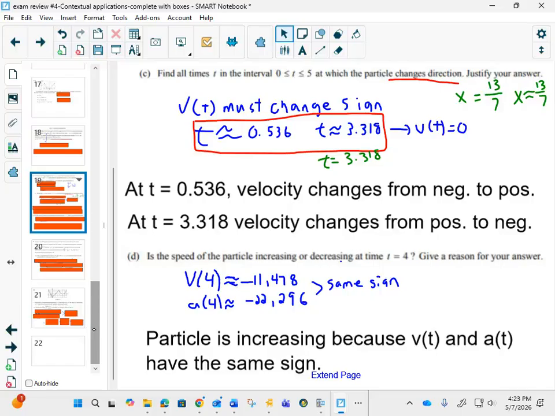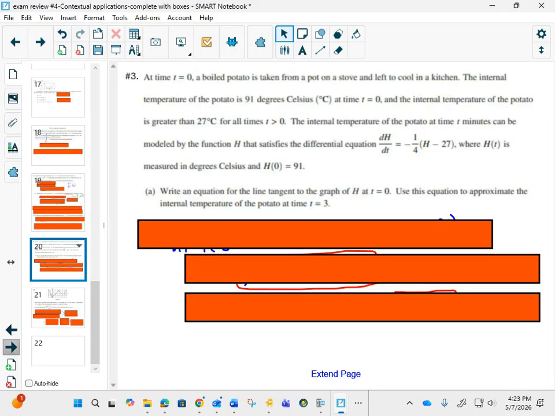Oh yeah. Okay. I think that makes the most sense. Okay, and then this one. That makes sense. Very good.